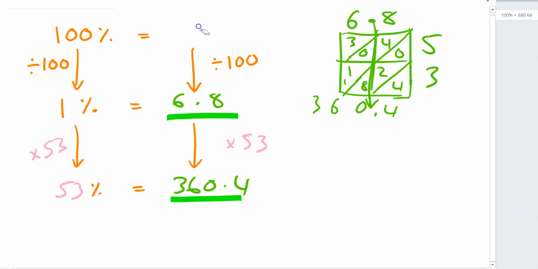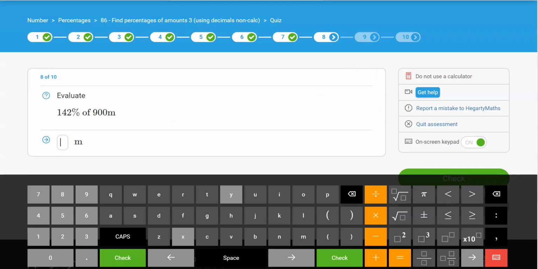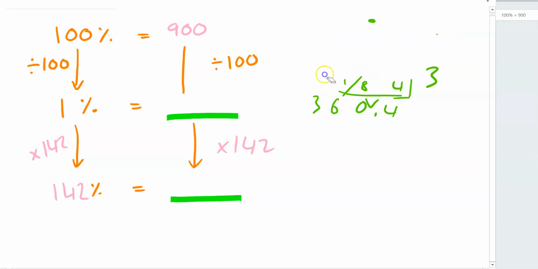So 900 was the number. Oh Lord, rubbing out everything. So there was an arrow there, then we went on to pink, it was 900, and the percentage was 142. So the calculation becomes 900 divided by 100.